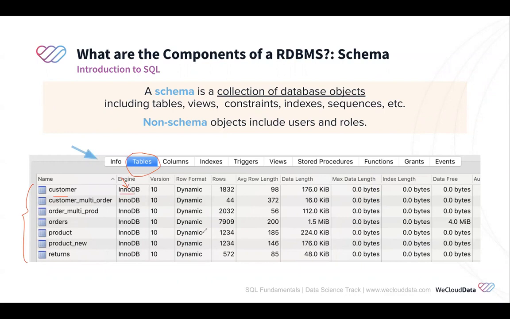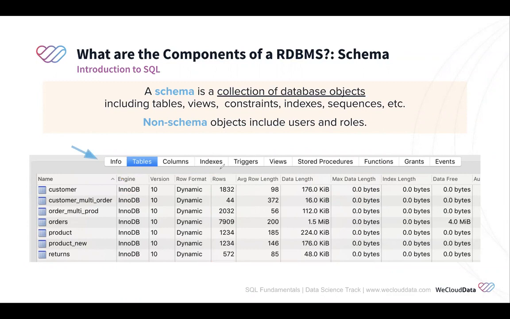It tells you the version, row format, and also some summary statistics, like number of rows and average row length, and it tells you the index as well. Then you can move on to the columns, which tells you the column names and data types. There will be database triggers, views, stored procedures. So all kinds of information that are useful when you run your queries.